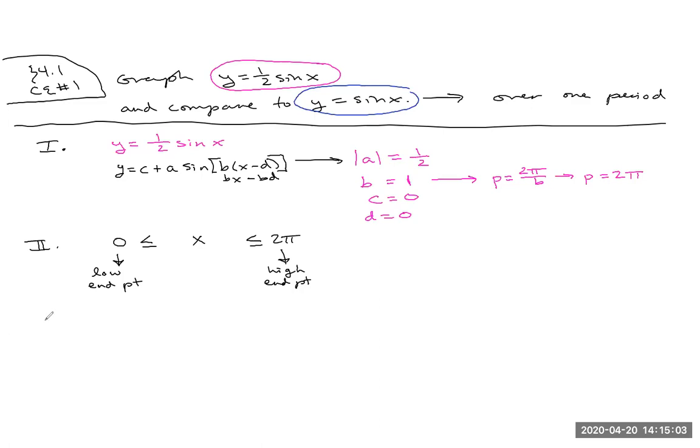The third part, find middle values. So in order to do that, you're going to take averages. So let's go ahead and do this over here. We're going to have 5 points.